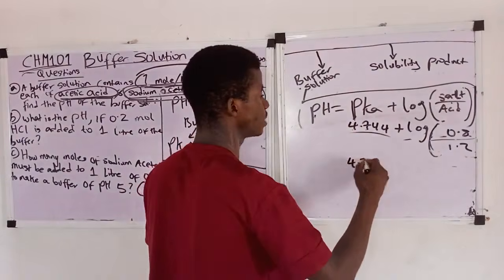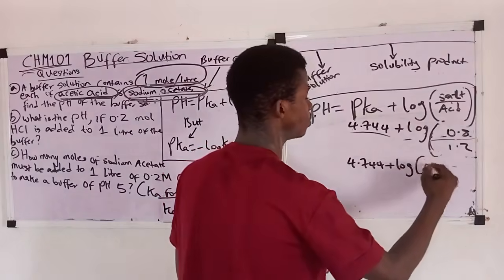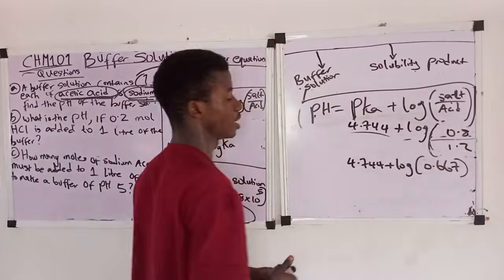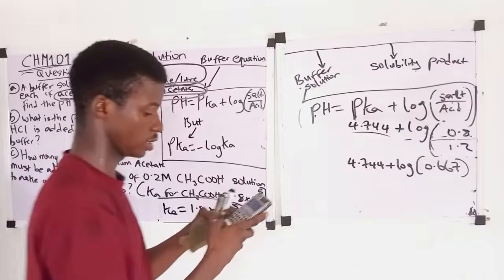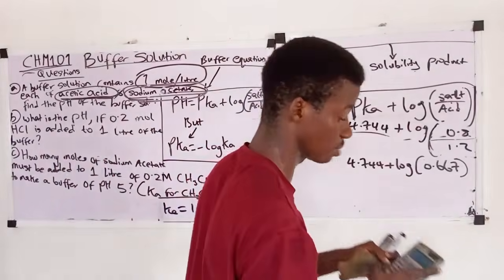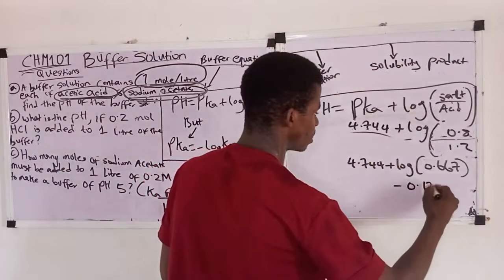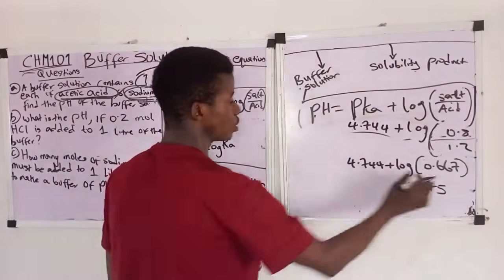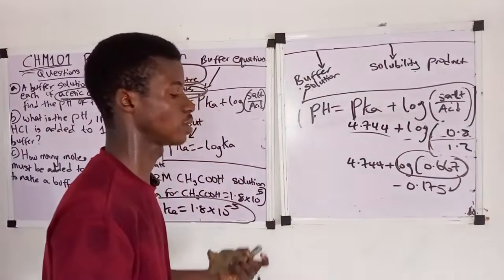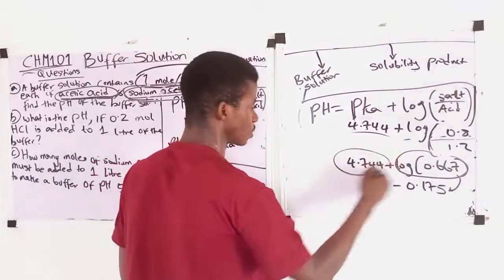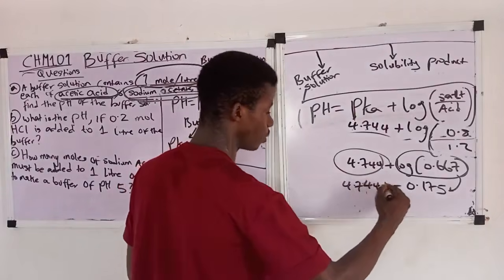So if we divide 0.8 by 1.2, we have 0.667. So 4.744 plus log of 0.667, right? Yes. The log of 0.667 is minus 0.175. So everything here is minus 0.175, then we add this to 4.744.